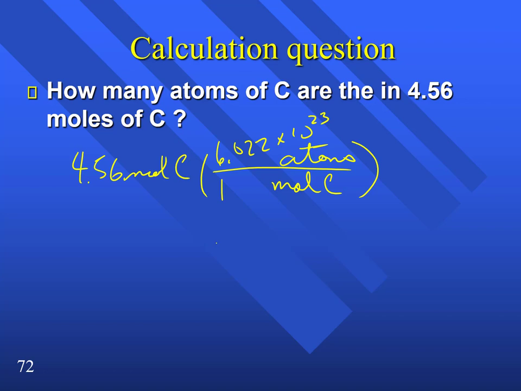Okay. Like I say, on the final exam, this number was where people struggled because they didn't have that number down. All right. And I get, 4.56 has 3 sig figs. 6.022 is 4 sig figs.